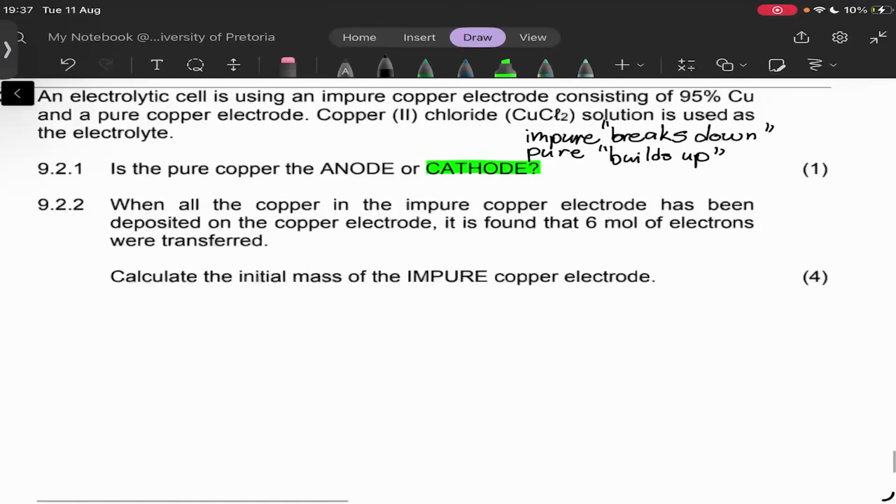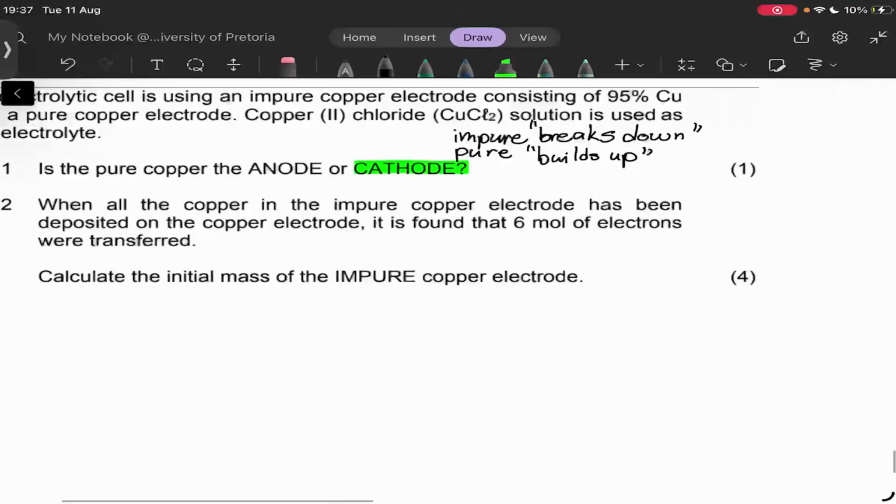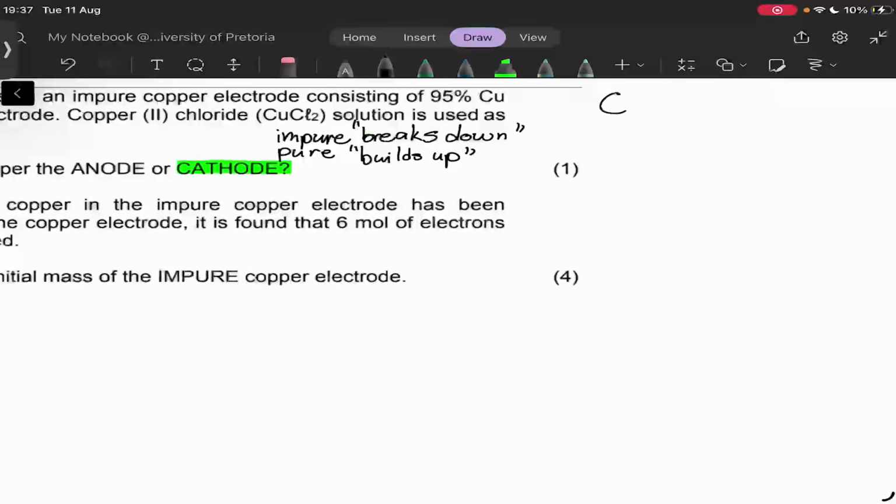Okay? If we have copper, we either have one of the two happening. We'll have copper as a solid that oxidizes, it becomes copper 2 plus and 2 electrons.